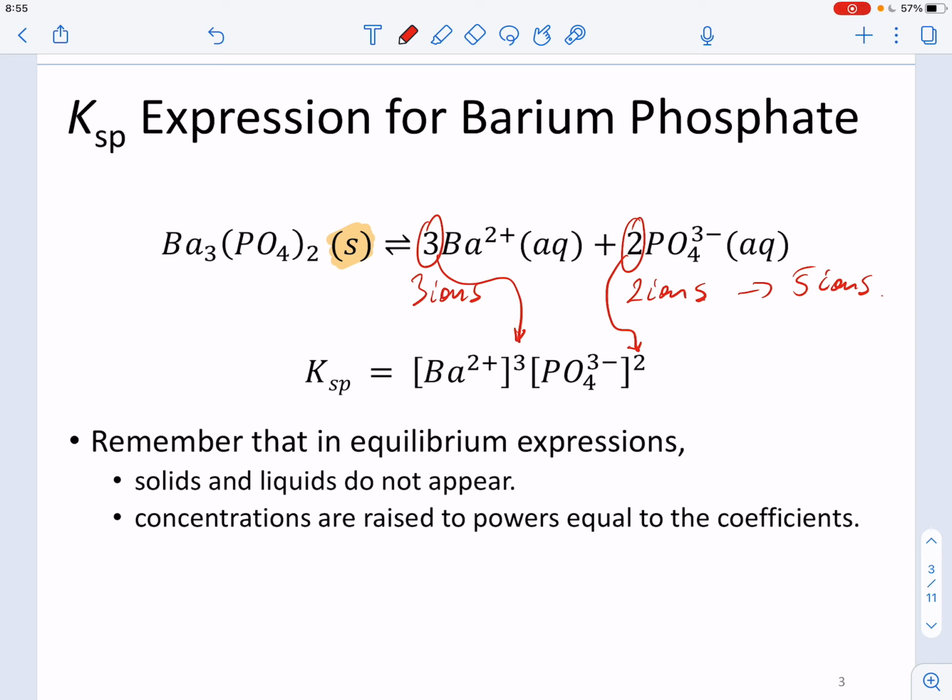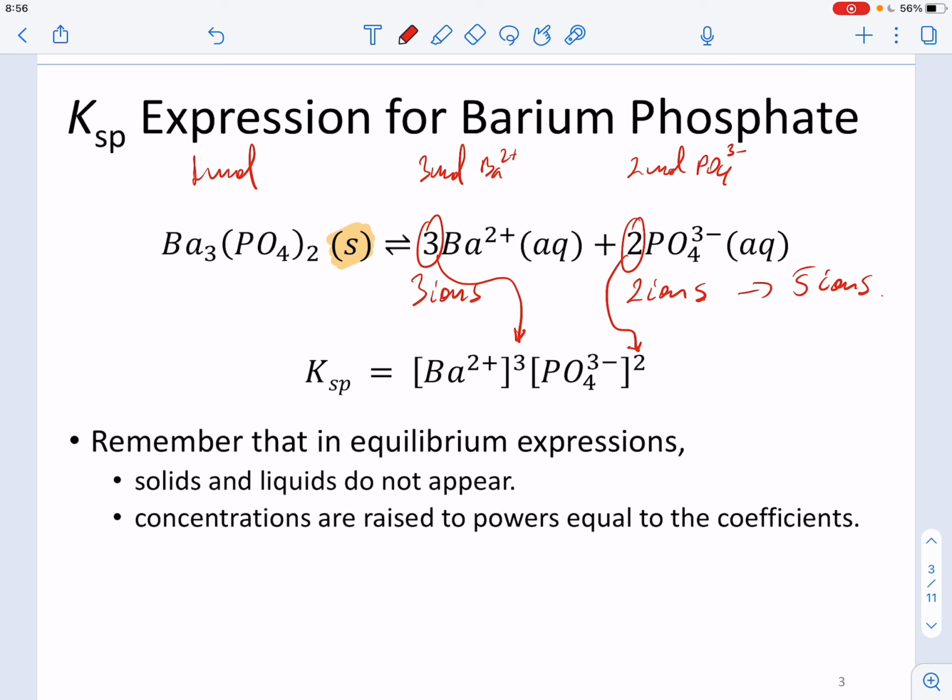Okay, so one thing to consider here that is going to be pretty useful for this type of equilibrium is that for every mole of salt, in this case for barium phosphate, you are producing 3 moles of barium 2 plus and 2 moles of phosphate.